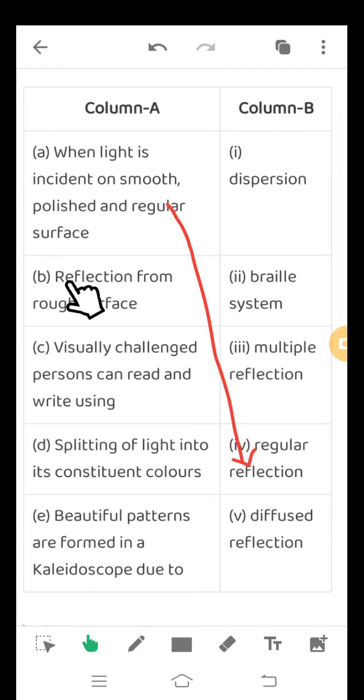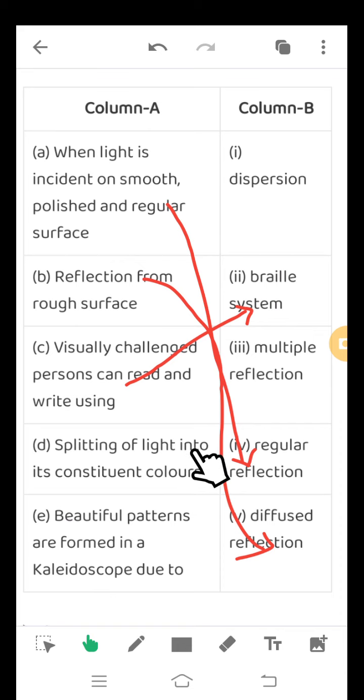Second, reflection from rough surface. If this reflection is from rough surface, then it will give rise to irregular or diffuse reflection. Visually challenged person can read and write using which system? Which script do they use? They use Braille system.